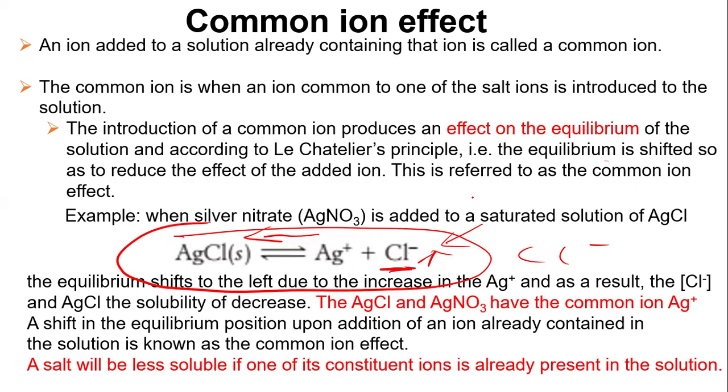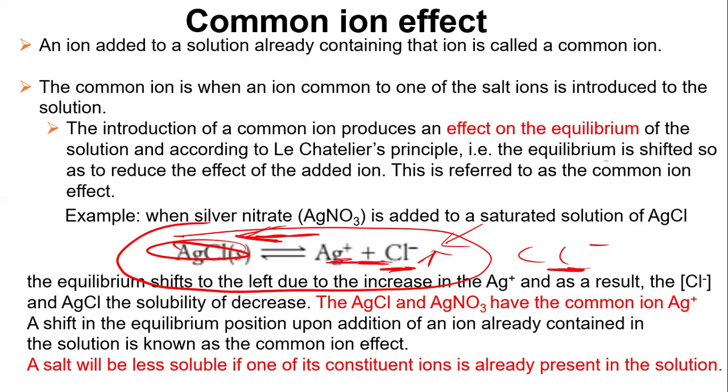And so, in order to reduce the increased chloride, the equilibrium will shift to the left, so that more of the Ag and the chloride ions can combine to form the AgCl, so that the chloride ion can reduce to balance the one that has been added. This is what we call the common ion effect.